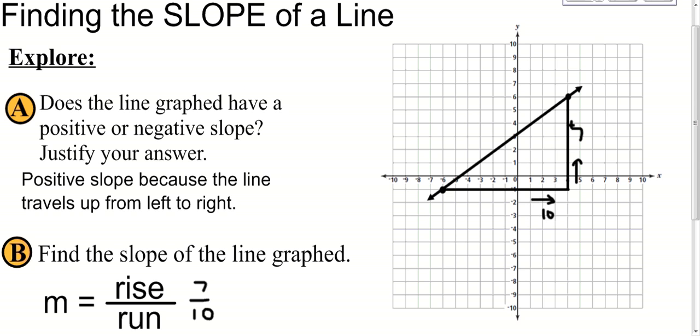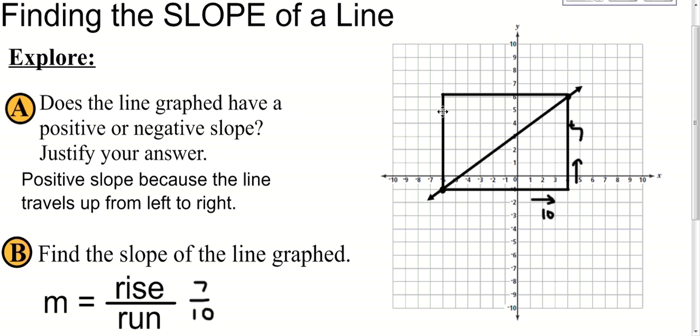So another way that you can do this and get the same answer is to actually go up like that and stop there, and then go over. And you notice that I'm just traveling along the grids on the graph, making your right triangle. So again, this would not be incorrect.